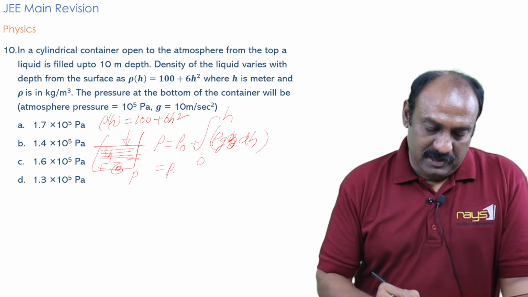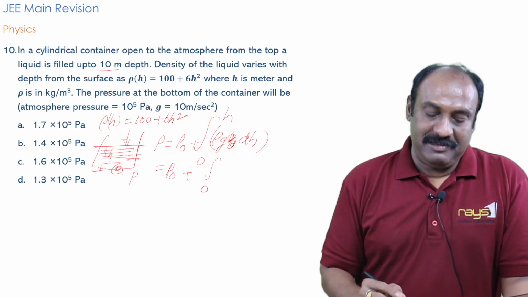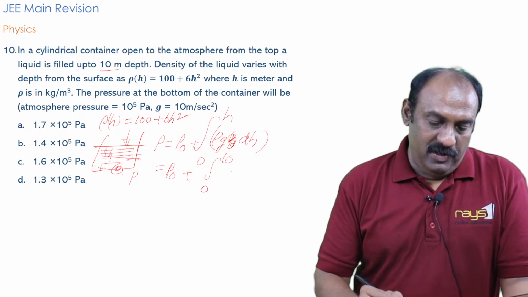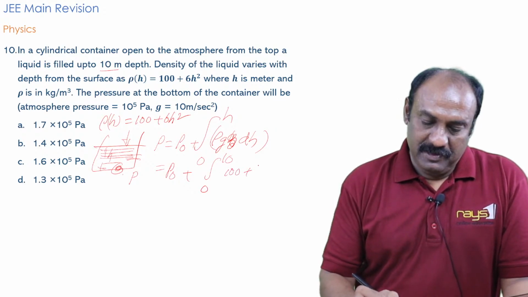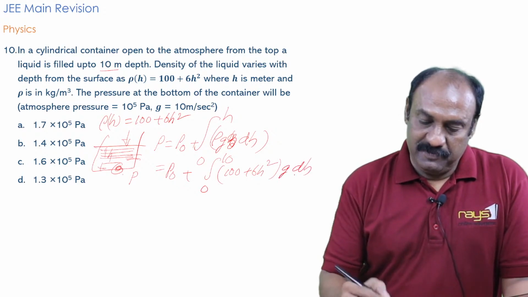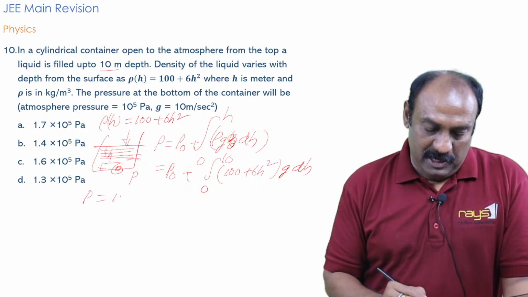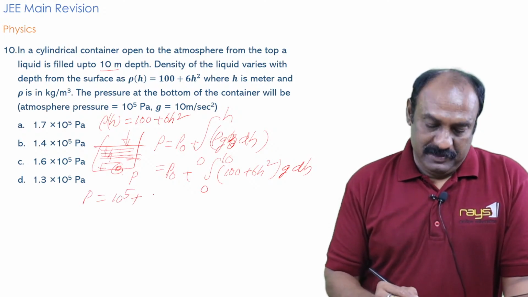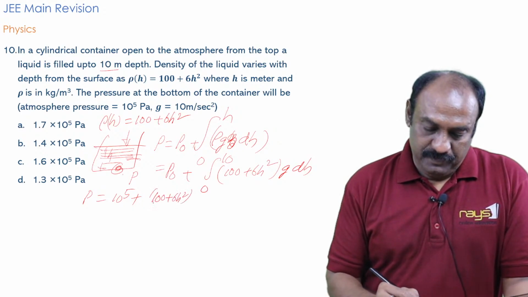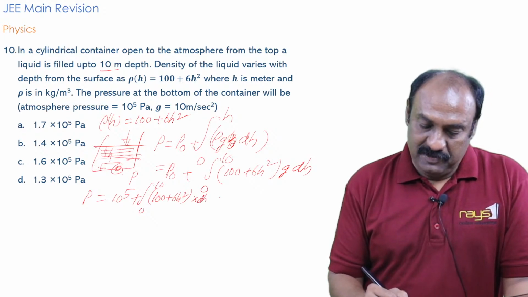Therefore, P naught plus integral from 0 to 10, since 10 meter is the depth, of rho, which is given as 100 plus 6h squared, into g into dh. So P naught value is 10 power 5 plus the integral from 0 to 10 of (100 + 6h squared) dh into g.